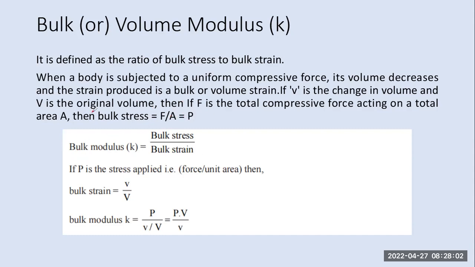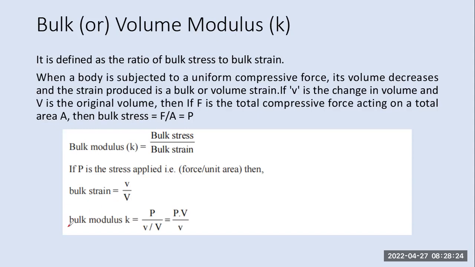Again, our formula for bulk modulus is equal to bulk stress over bulk strain. So if P is the stress applied, our force over area, then our bulk strain is equal to the change in volume over the original volume.